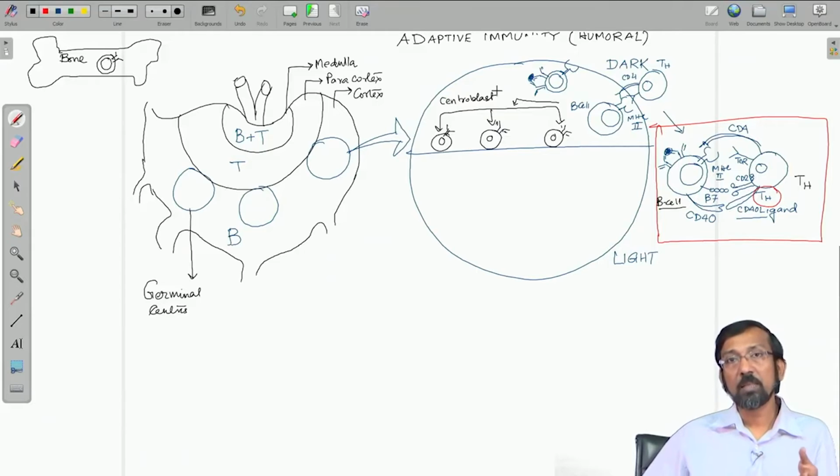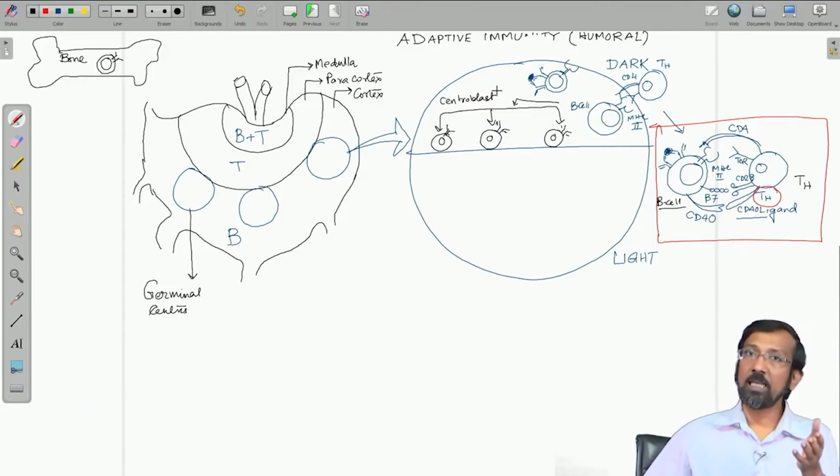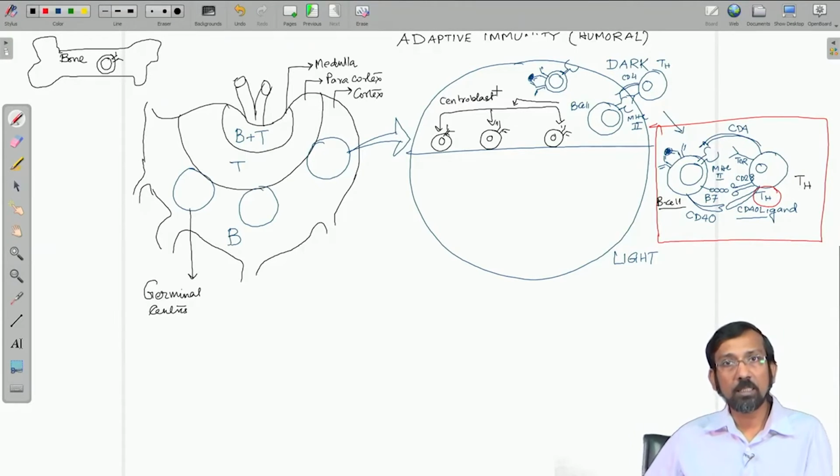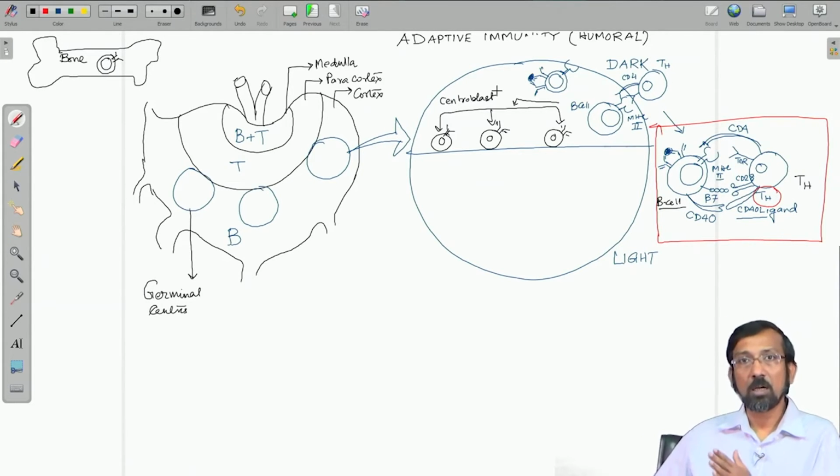So, the antibodies develop into either high affinity or low affinity antibodies.